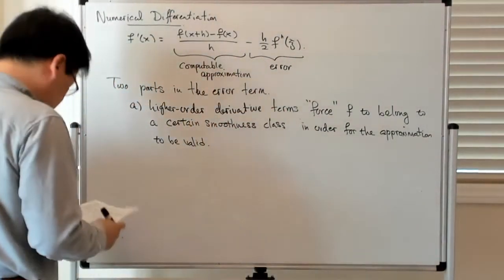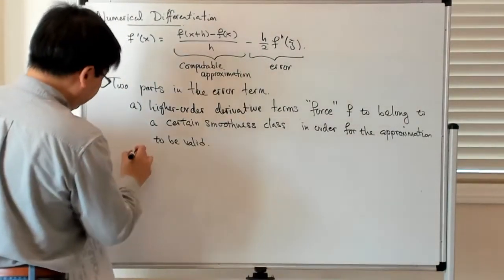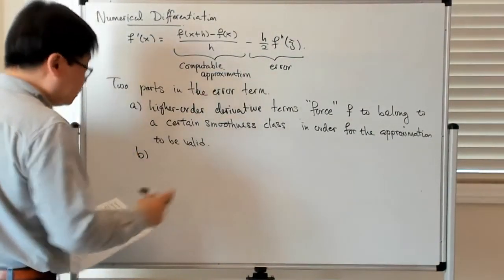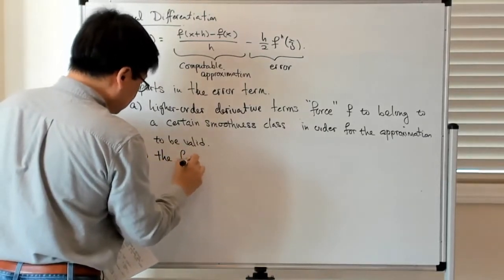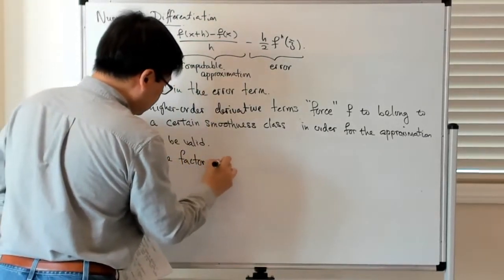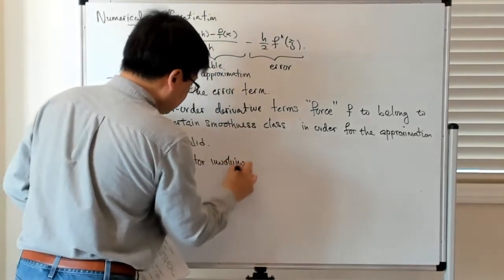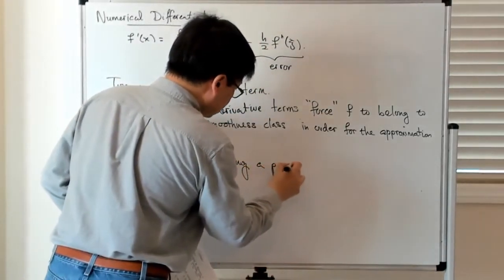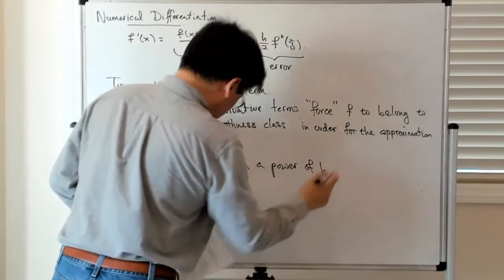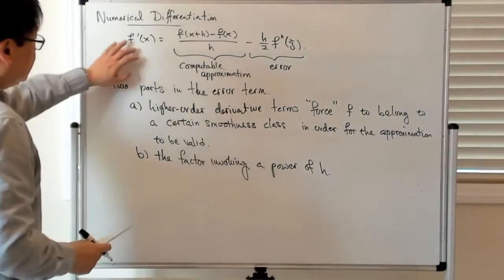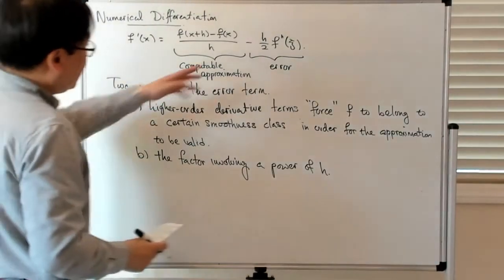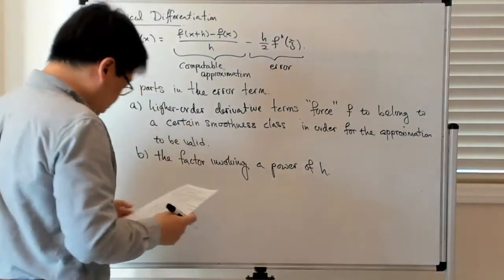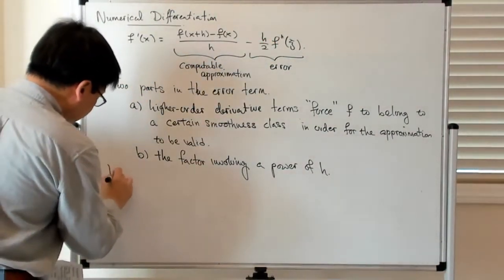Okay. And then the second thing is the factor involving some power of h. In this first formula which we have, we say that in the above formula, the error behaves like big O of h, right?